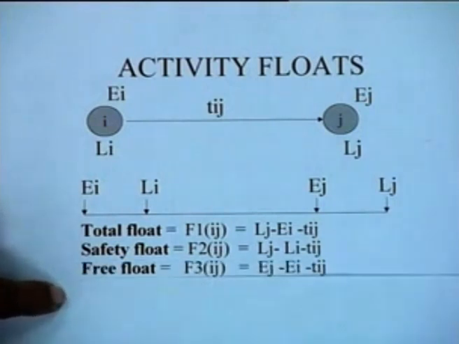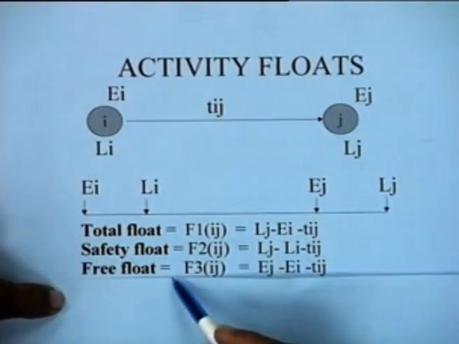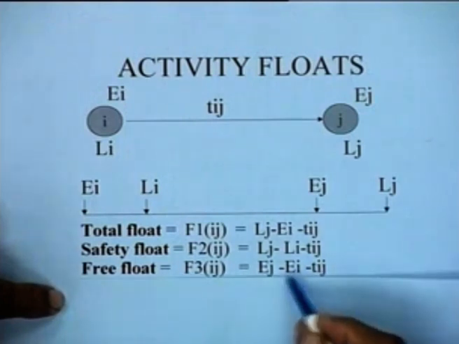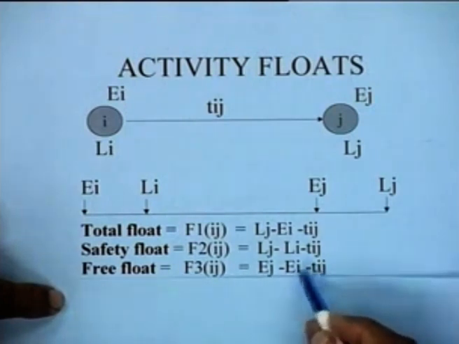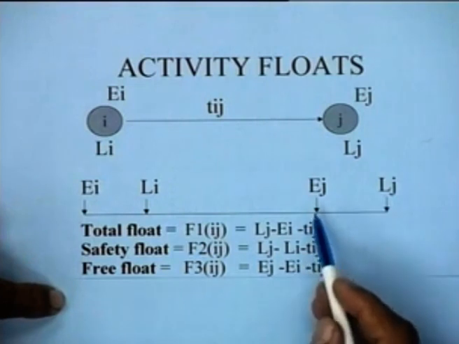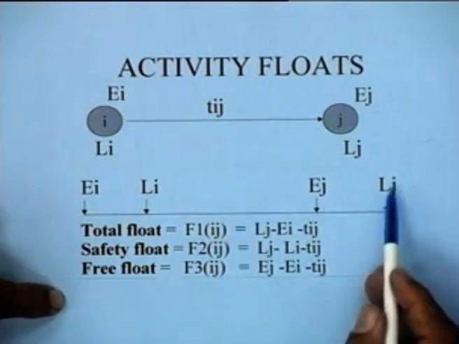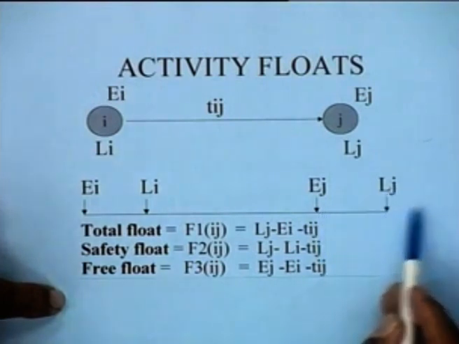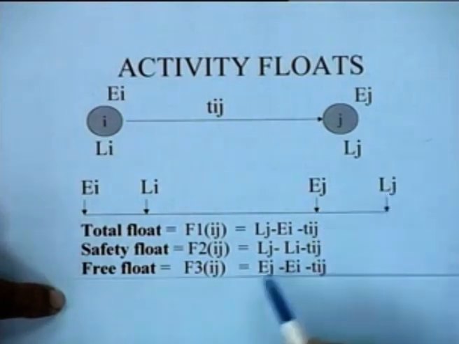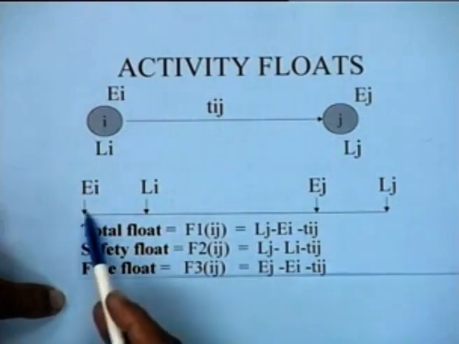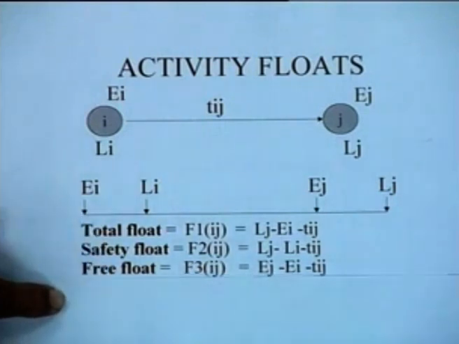The third kind of float, which is the free float for the activity, is defined as Ej minus Ei minus Tij. So what it really assumes is that you are trying to depart from this here after completing this activity as early as possible. So you are not eating into the floats of the succeeding activities, and moreover you have reached here as early as possible. That is the physical significance.